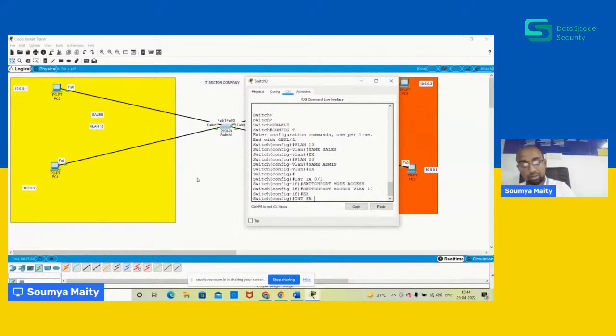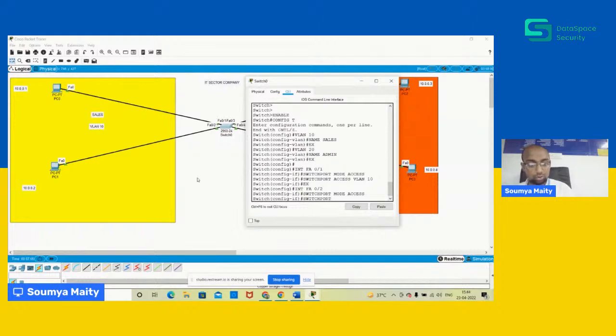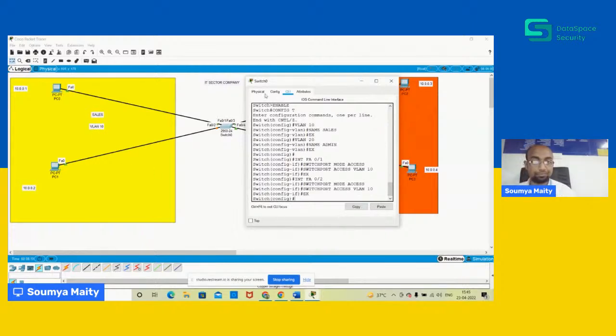So int FA0/2, and give the command switchport mode access, then switchport access vlan 10 also, because the two ports are in the same VLAN 10. Then exit.